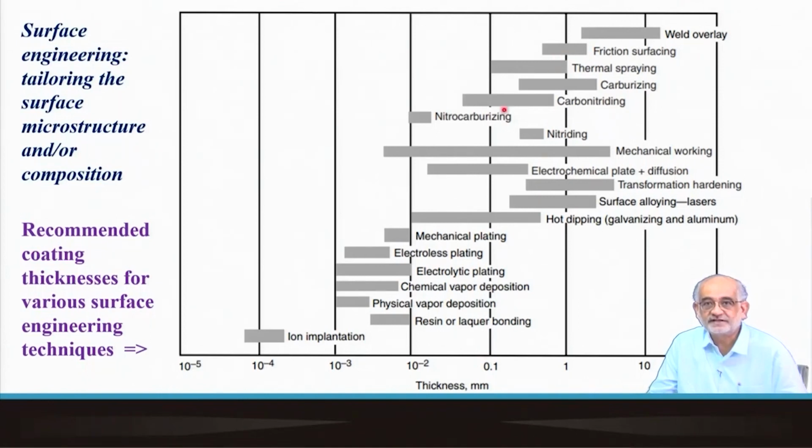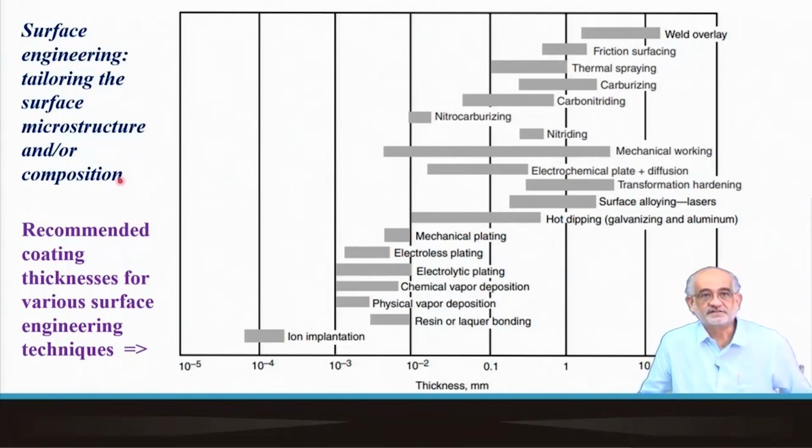For example, when you say gas nitriding, then you're talking about typically a coating thickness limited to way less than a millimeter, maybe about 0.2 to 0.3 millimeter or 200, 300 micrometer. Then we go to smaller and smaller thickness, and eventually come to ion implantation, various forms of ion processing, which are limited to only a few atomic layers on the surface. So that's why the dimension is 0.1 nanometer or so, in the limit.